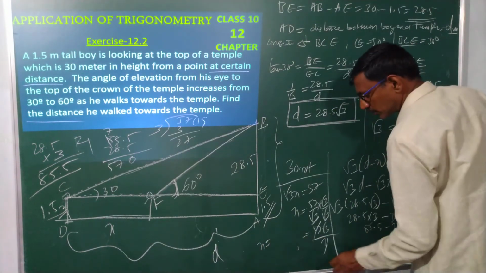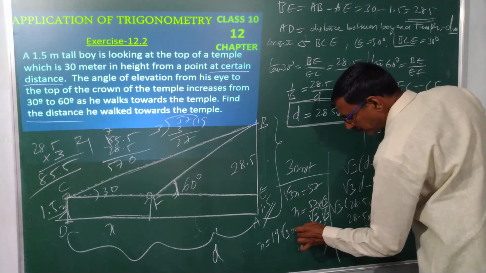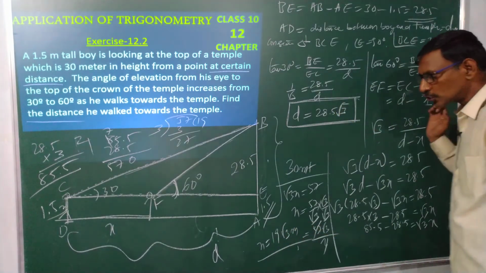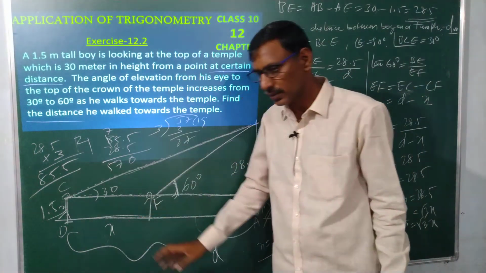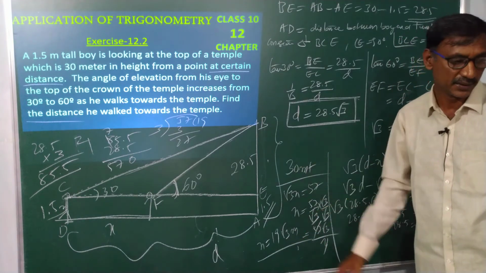Therefore X is equal to 19 root 3 meters. So he walks 19 root 3 meters towards the temple. Am I clear?